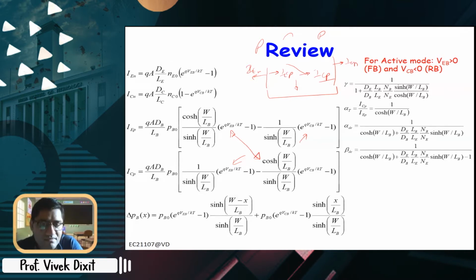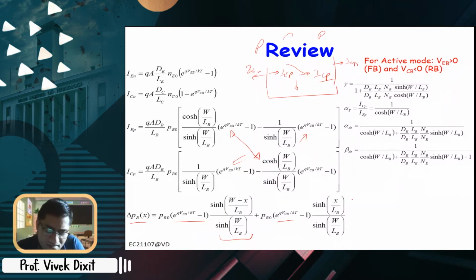Whether you take base emitter as forward bias or you take collector as emitter, the expression for excess minority carriers in the base is given by exponential qV_EB by kT times sinh of (W minus x) by L_B over sinh of W by L_B, and corresponding to exponential qV_CB by kT, sinh of x by L_B over sinh of W by L_B.